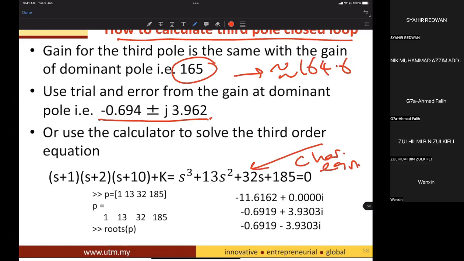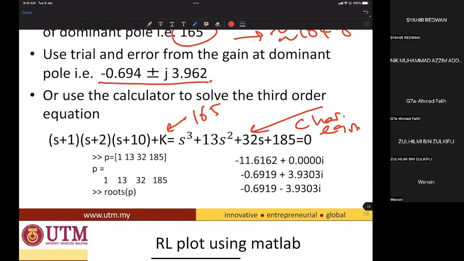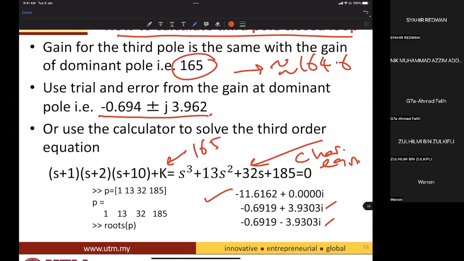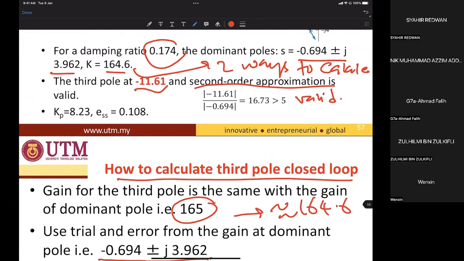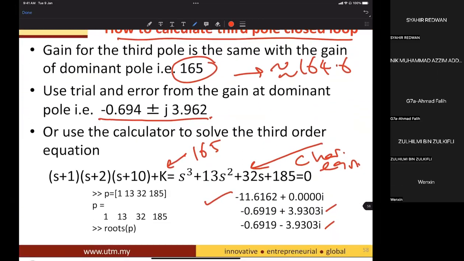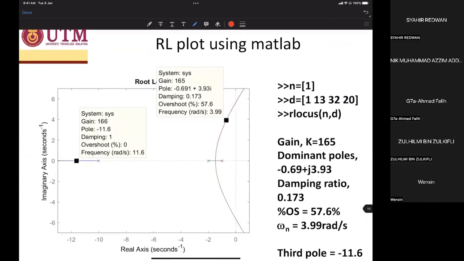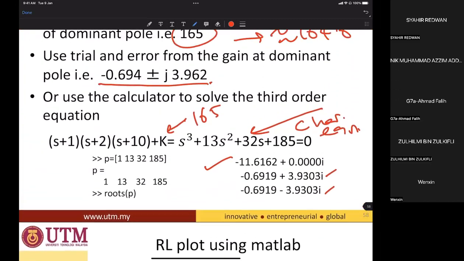So you insert the K value, which is 165. Then you find the roots. The roots are minus 11.6 and minus 0.69 plus or minus j 3.93. So that's why we get 11.61 here, which is the third pole.